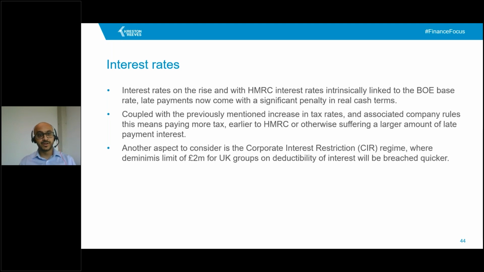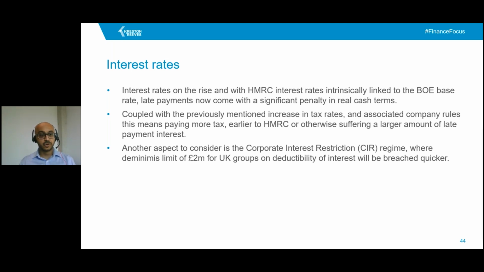Although a very complex set of calculations and workings are used to determine the actual restriction, there is broadly a de minimis amount, which is 12 million for a 12-month period and one group of companies. But with the increase in the interest rates, this limit could potentially be breached quicker, and therefore additional work would need to be done to check if the restriction applies and to what extent.